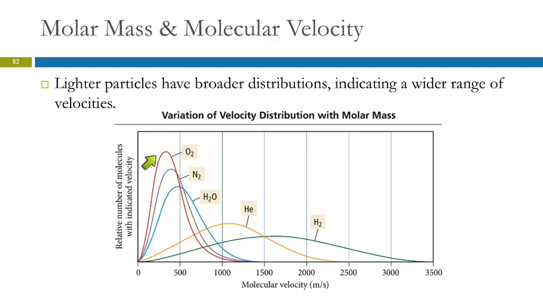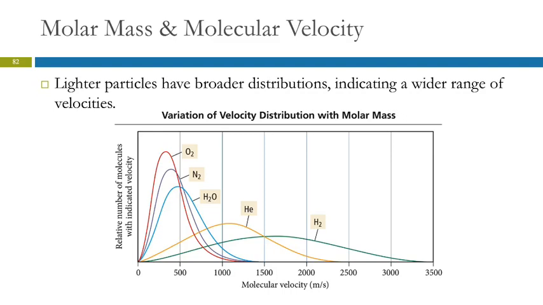So for oxygen, there's basically none that aren't moving, and as you increase the velocity, we see more and more particles until here, this is the largest. Most of the particles have this velocity, and then as you go faster and faster, they taper off.